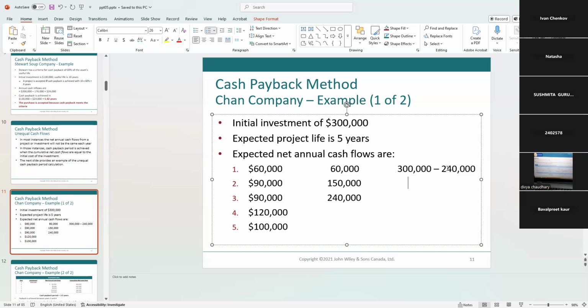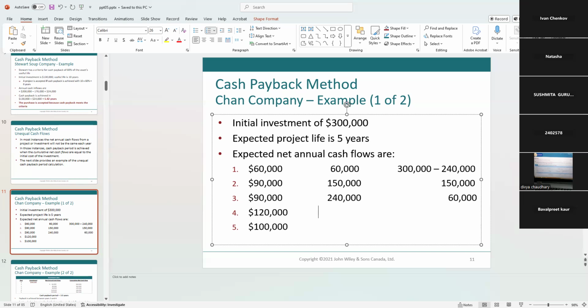Next, starting with 240 minus 90, that's going to give you 150. Next year, we're going to deduct 150 minus 90, and that will be 60 left.